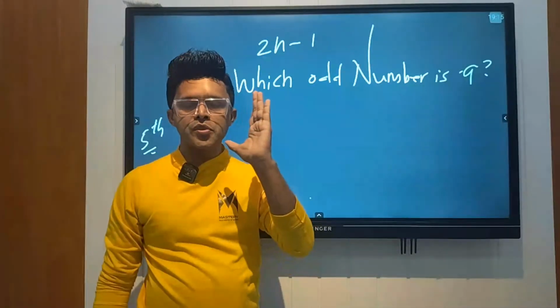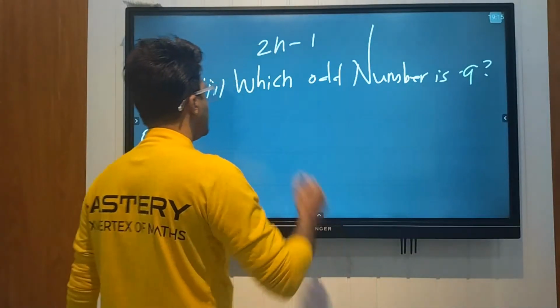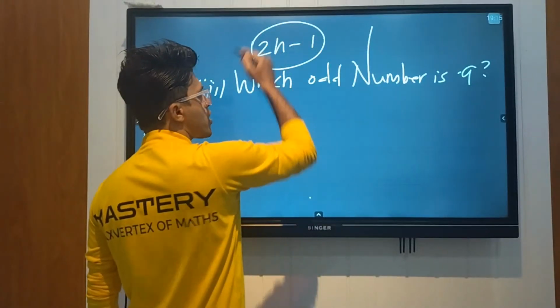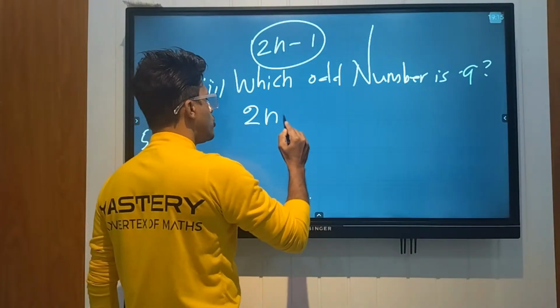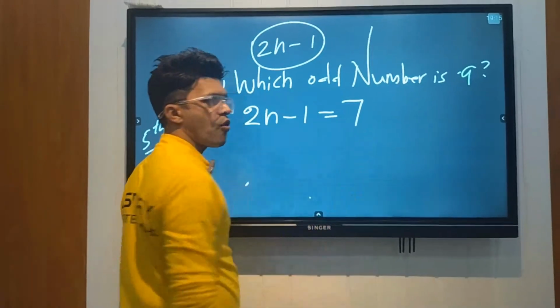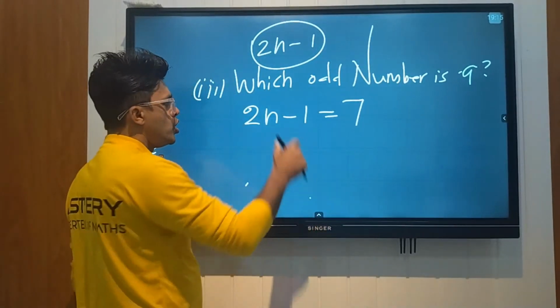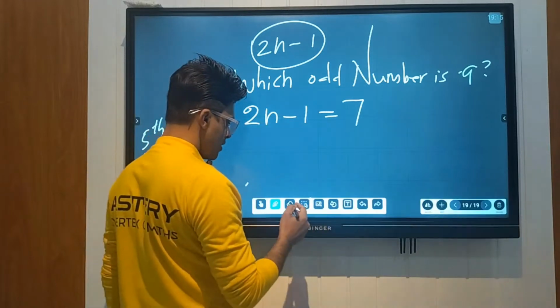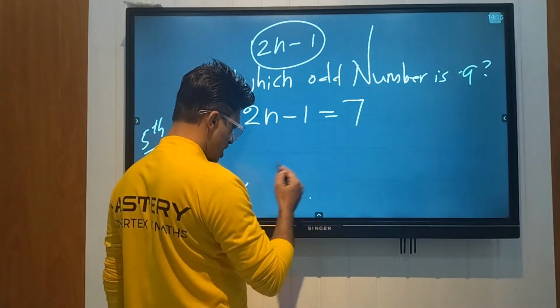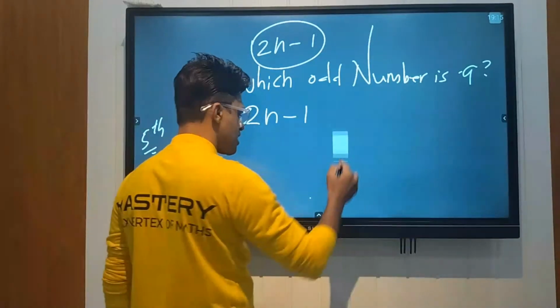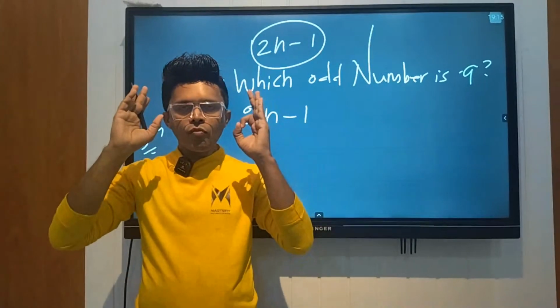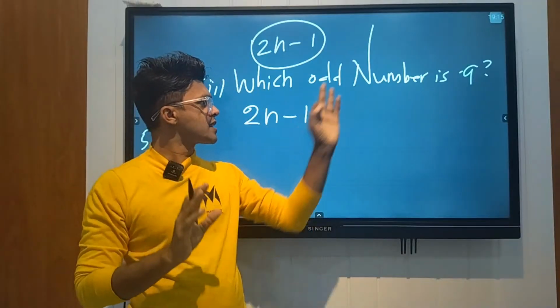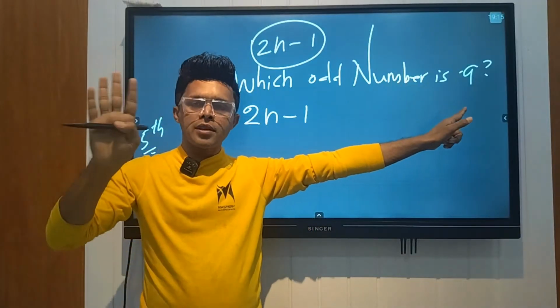Which odd number is 9? You know, the general term of odd numbers is 2n minus 1. We have to calculate which odd number is 9.